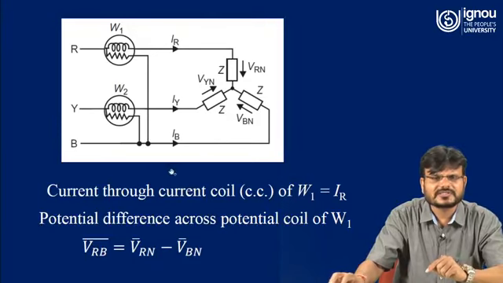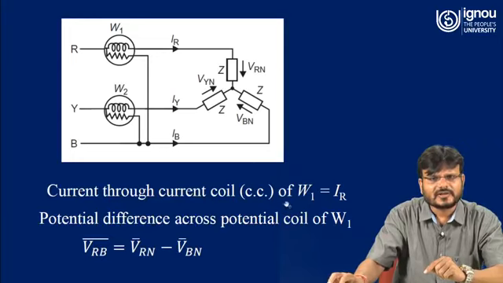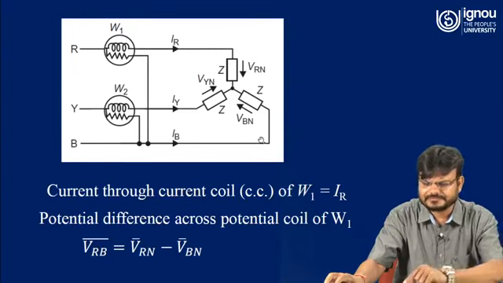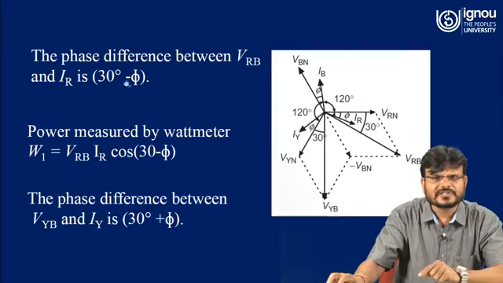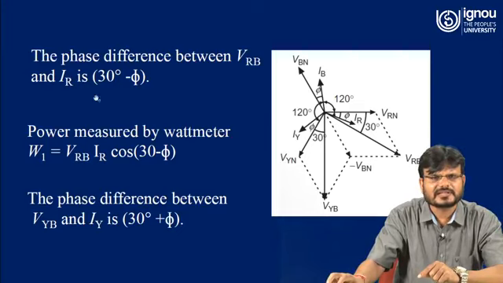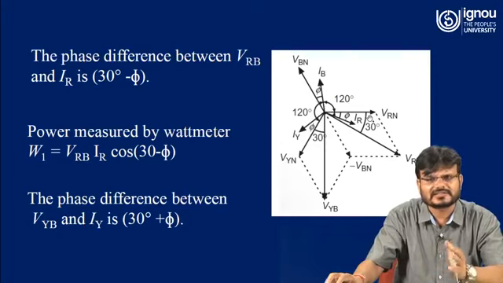Now here you can see in the diagram, the current through the current coil of W1 is equal to what? That current is iR. So the potential difference across the potential coil of W1 is equal to what? This eRB. eRB is nothing but eRN minus eBN. And the phase difference between eRB and iR is 30 degrees minus phi. Here you can see the three phases, because we are assuming that it is a balanced system.